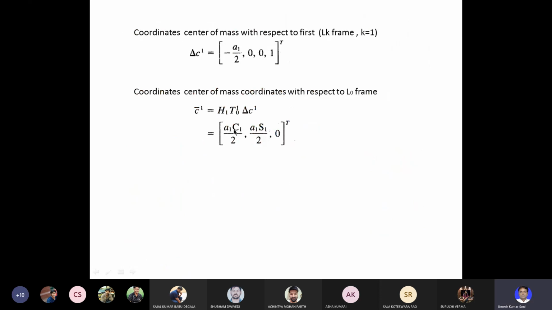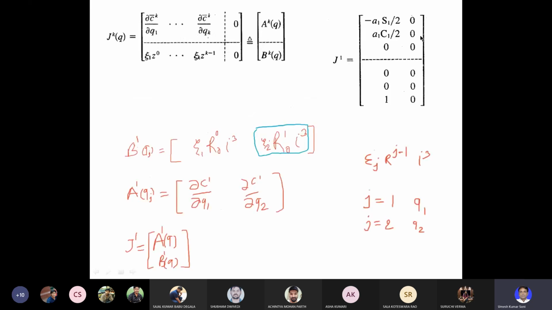Here if you take the derivative with respect to theta2, all the terms will be 0. So you have got the AK using the delta C1 upon delta Q1 and delta C1 upon delta Q2. So you have taken the derivative with respect to theta2 and theta1 in this way. Clear about this? Yes, sir.